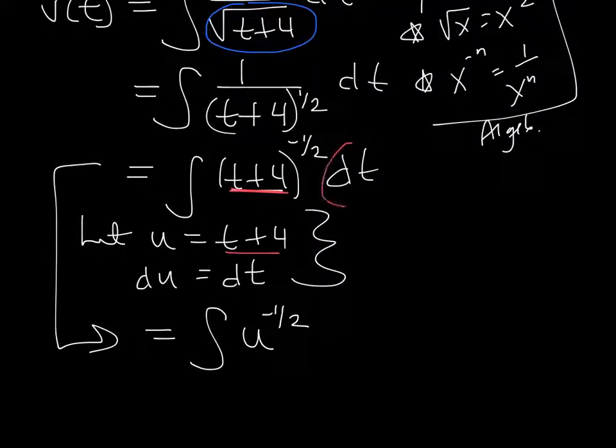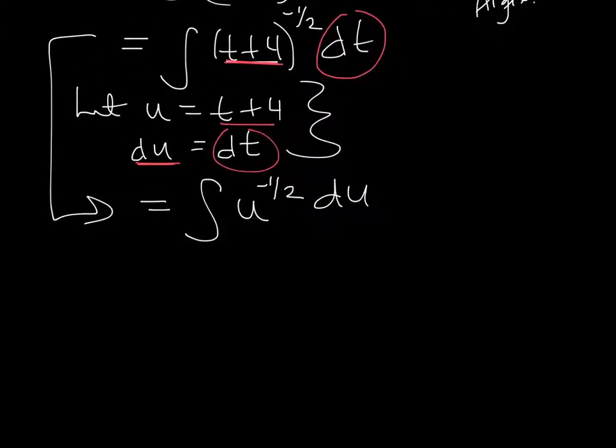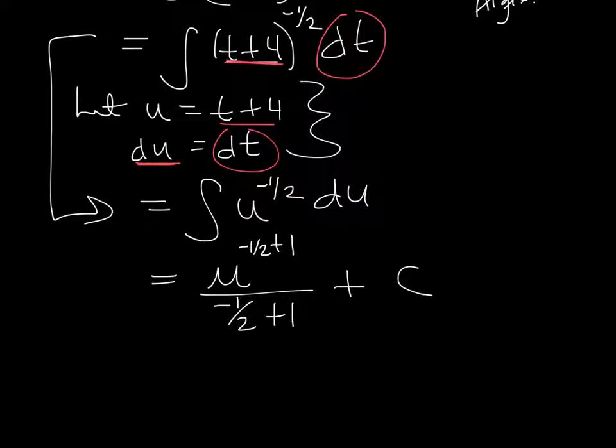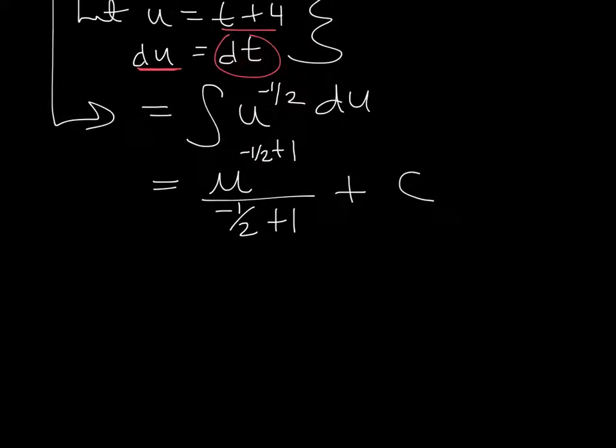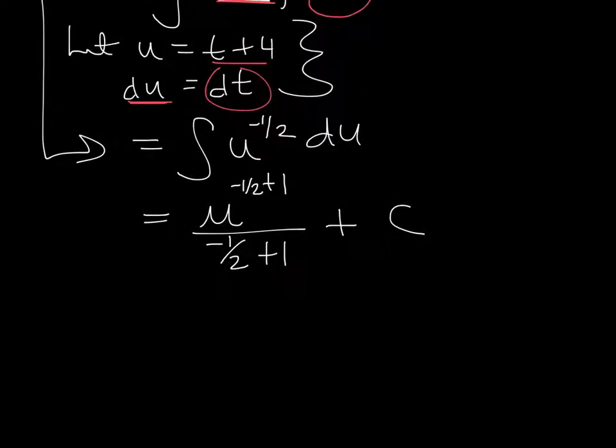I want everything in terms of u, so there's my dt, but that happens to be du, so I'm allowed to write du. And so taking the antiderivative, this guy is u to the -1/2 plus 1 all over -1/2 plus 1 plus a constant of integration.